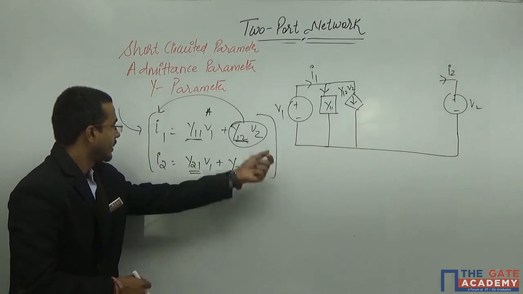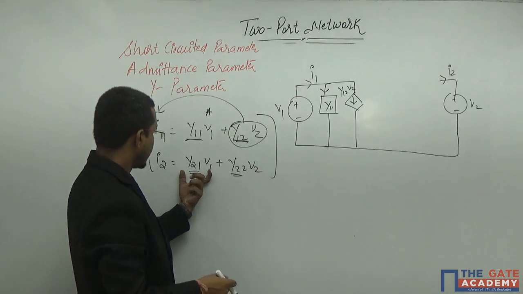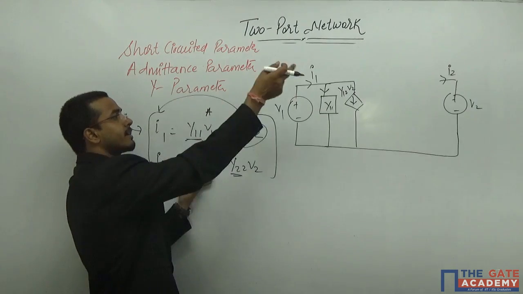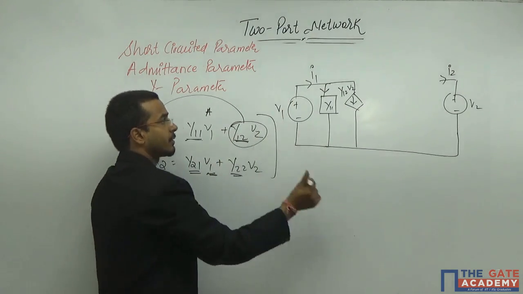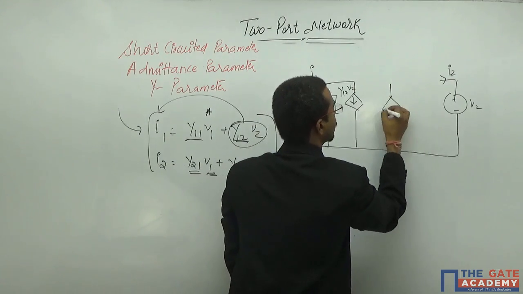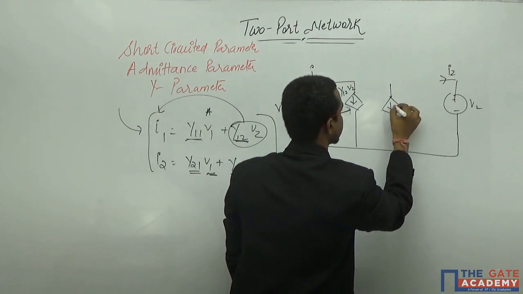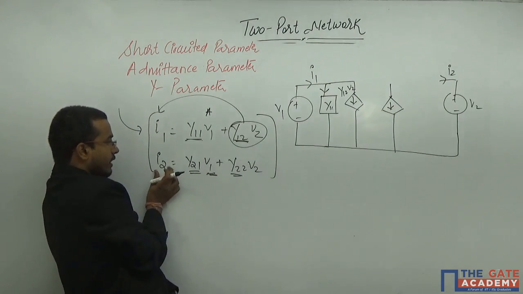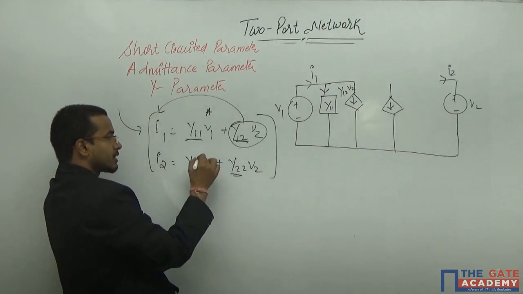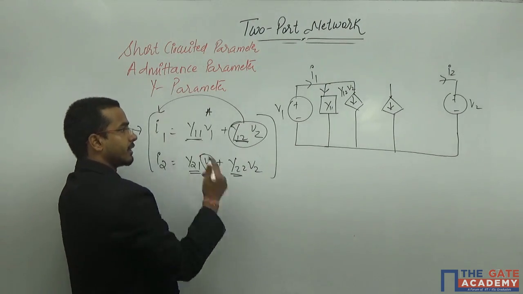Now similarly, you will try to measure this. Here, on the second side, the value is dependent on the voltage at the first side. That means again you will get a current source on this side. Because in the second side you are writing down the equation, this voltage is present in the first side.